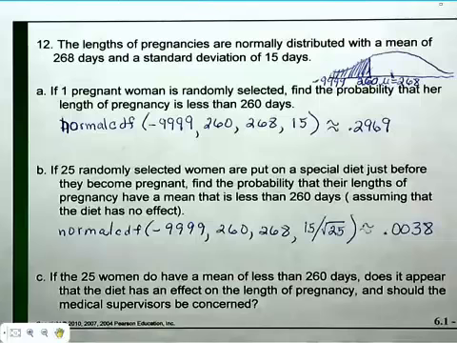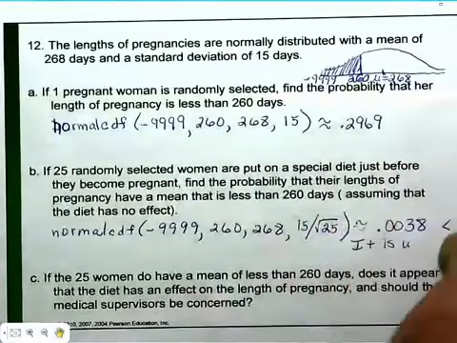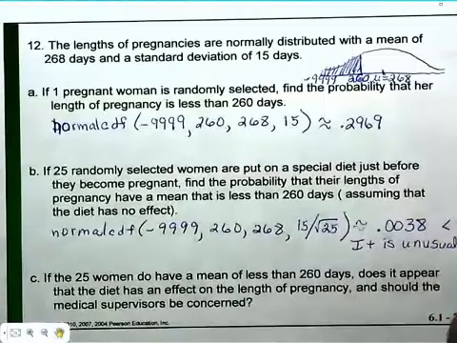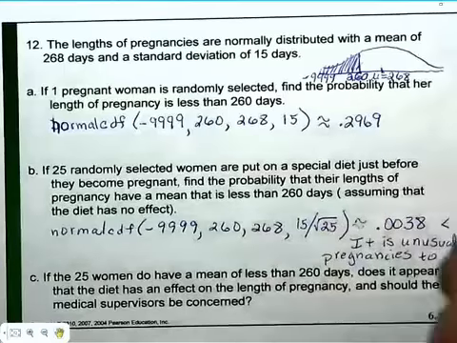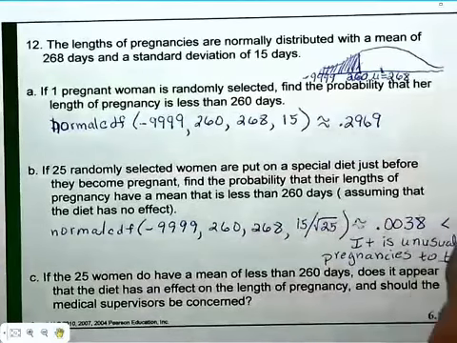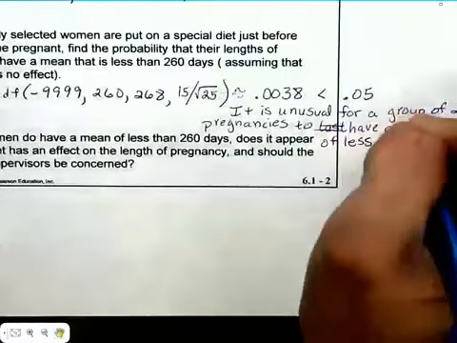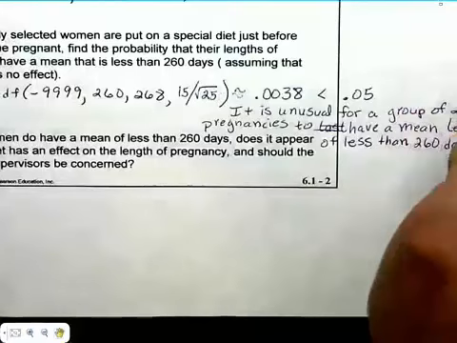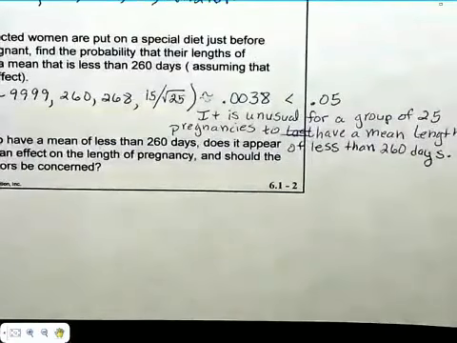That is definitely less than 0.05, so it is unusual for a group of 25 pregnancies to have a mean length of less than 260 days. That's what this probability being less than 0.05 tells us.